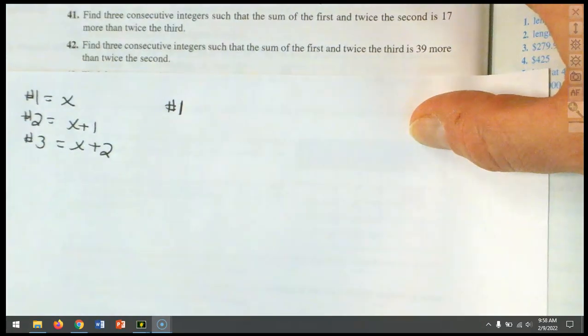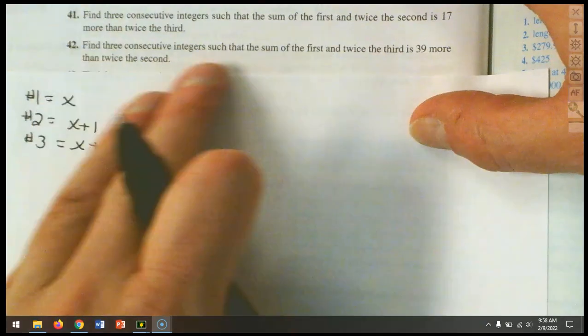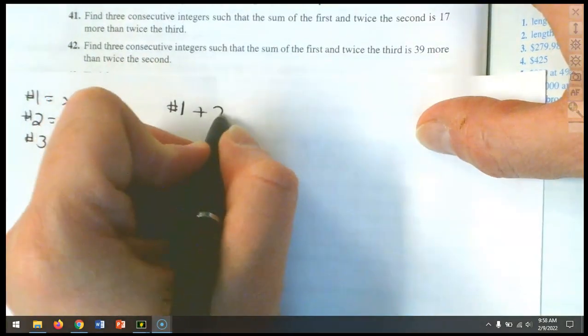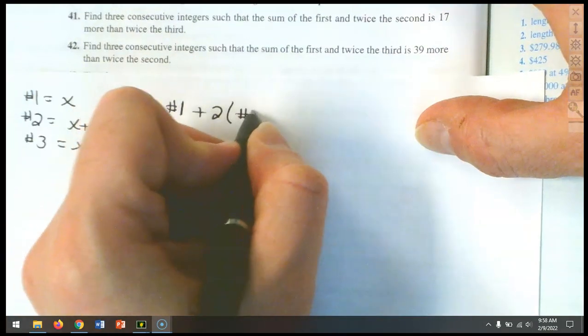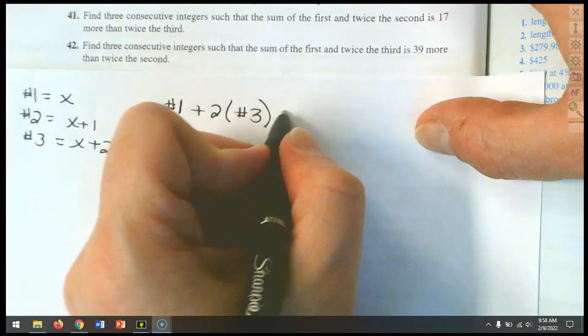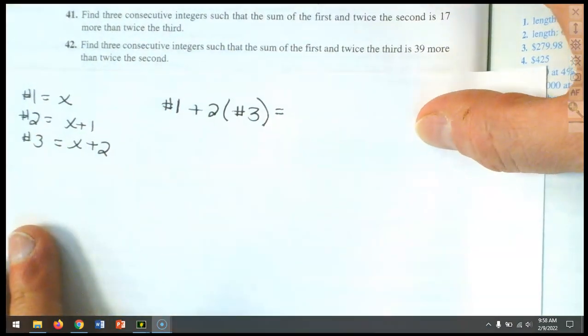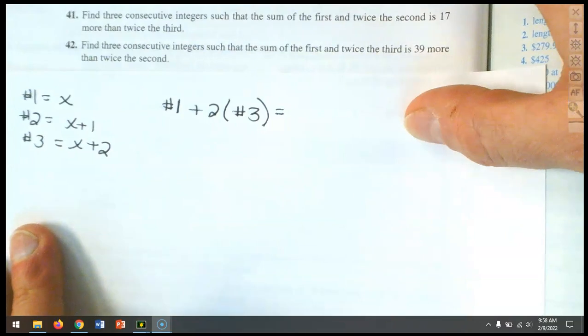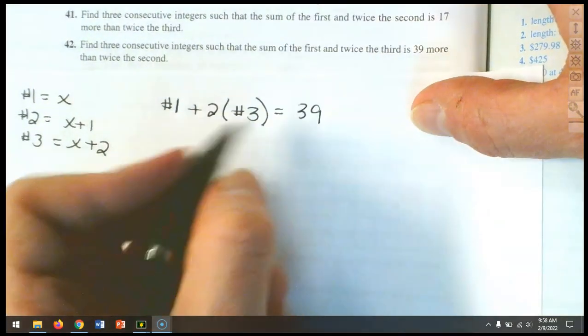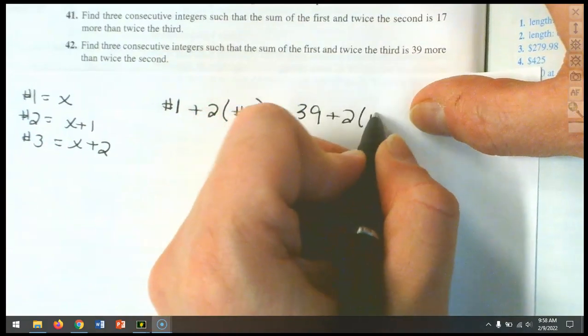So we're going to write it out with the numbers, and then we'll plug the variables in, such that the sum of the first and twice the third. So that means plus 2 times our third number is, again, that means equals 39 more than twice the second. So that's 39 plus 2 times the second number.